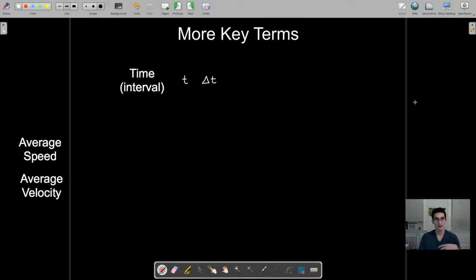We're going to be talking about a few seconds, half a second, 500 seconds, whatever. Just typically some reasonable number, but we might have some extreme examples. And we see that delta again. Delta means change, right? So we could say that delta t is just a change in time, or our final time minus our initial time.